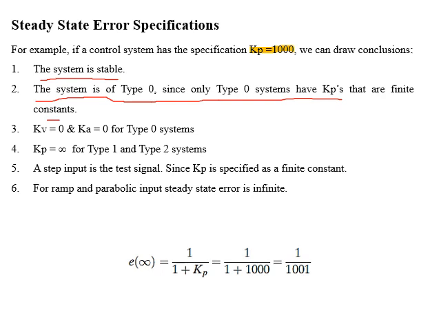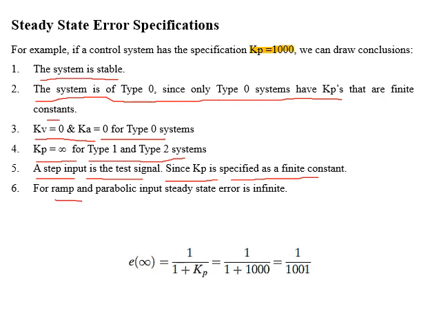And for this system, velocity constant and acceleration constant will be 0, as position constant is infinity for type 1 and type 2 systems. In this case, a step input is our test signal, as position constant is specified as a finite constant.